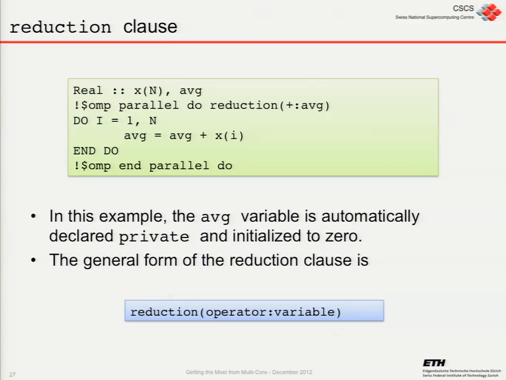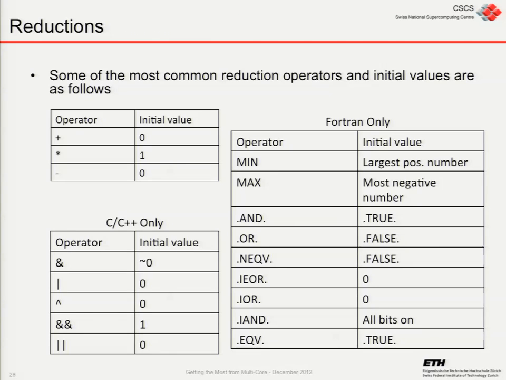And depending on the language we are, whether we're Fortran or we're C or C++, we have different capabilities depending on what you're normally using in those languages. And so here's the most common reduction operations that we're able to get away with. Some of the important things to note are that in Fortran, you can get min and max numbers, but they're not available in C or C++, which is a bit of a pain, because you therefore have to hand code your own.